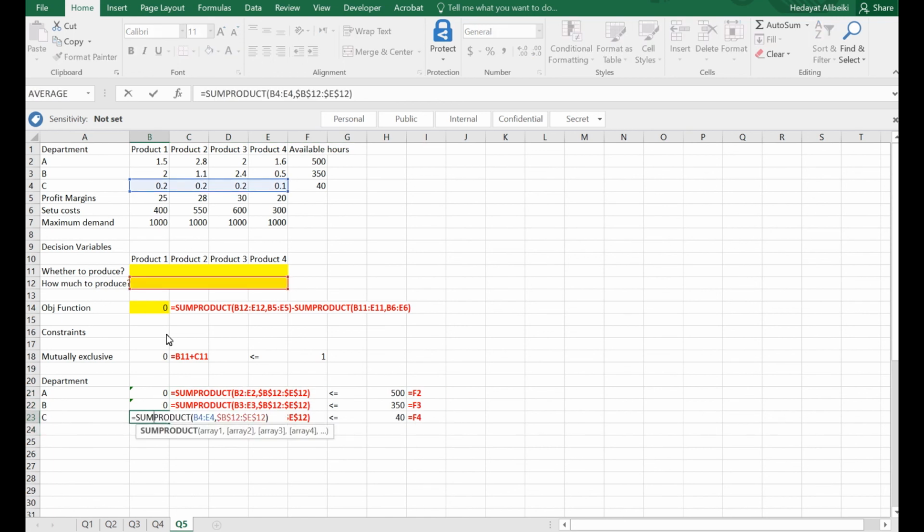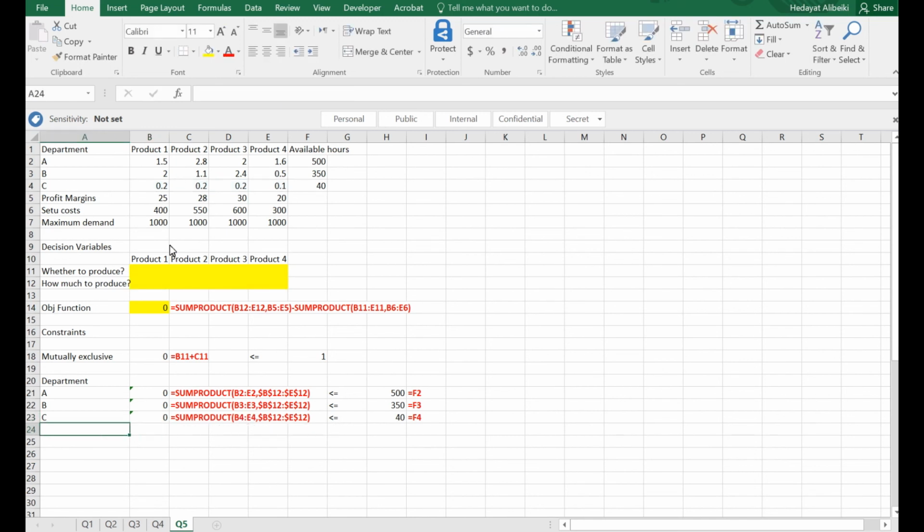Let's see. For department C, it's the sum product of how much we produce and the working hour from department C. So this is good. And then the last thing would be basically the connection of these two sets, whether to produce and how much to produce.